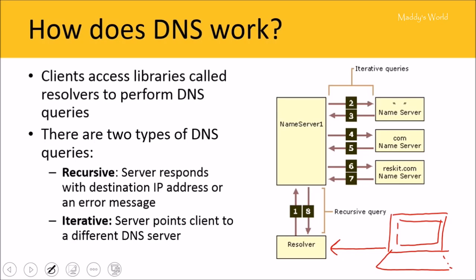Now, when the resolver goes to work, it expects that response, and it tries to get it from the name server. The name server might go do some work in the background, and it actually embarks on making some iterative queries.